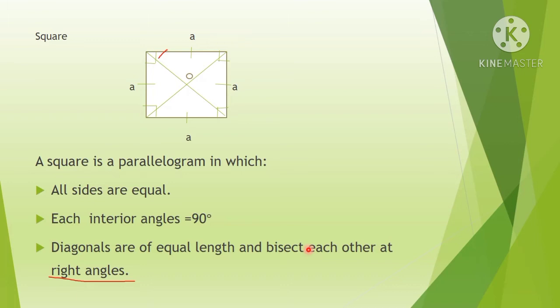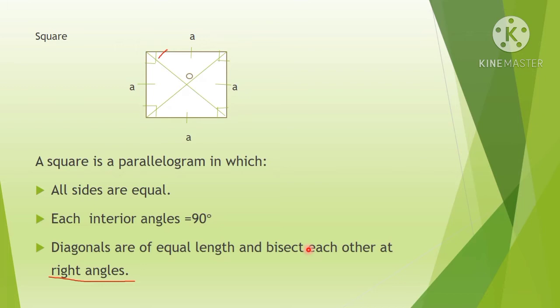If we say the diagonals bisect each other at right angles, it means the diagonals are equal in length and the angles formed are 90 degrees. So that is for the square: the diagonals are of equal length and bisect each other at right angles.